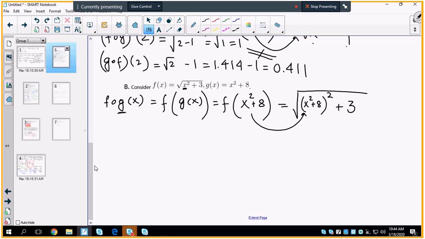Let's simplify the inside. By simplification, I mean FOIL. So x squared plus 8 whole squared is x squared plus 8 times x squared plus 8. And then I have plus 3 separately. So I will start distributing.